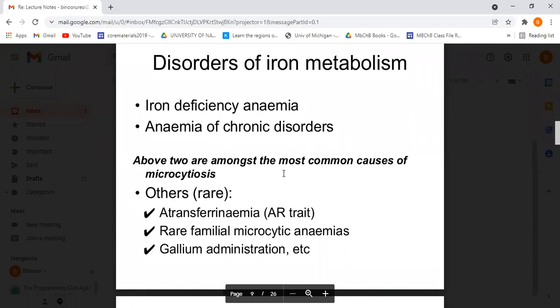So when it binds to iron, it means that that iron is not available to be used by the system. So those are the causes: iron deficiency anemia, anemia of chronic disorders, transferrinemia, rare familial microcytic anemias, gallium administration. Those are disorders of iron metabolism. Next slide.